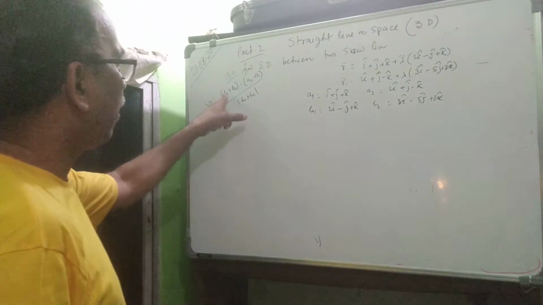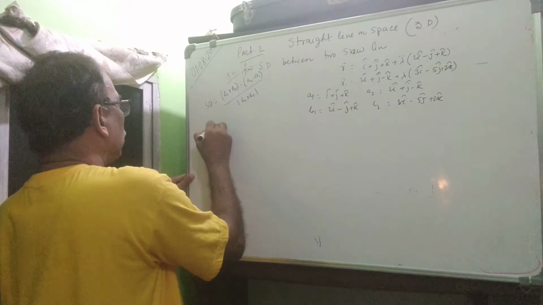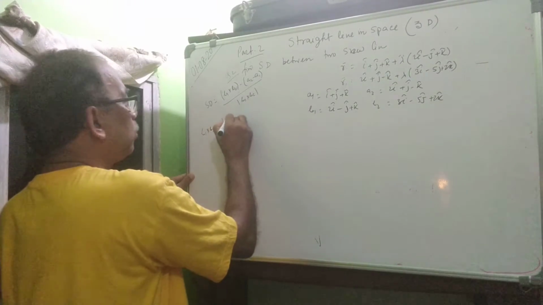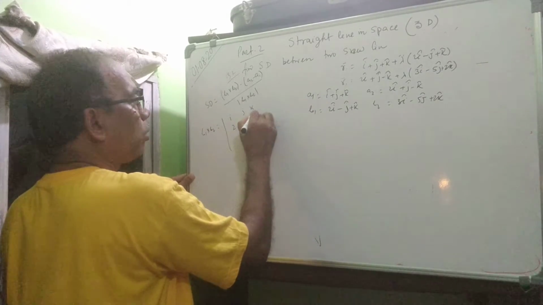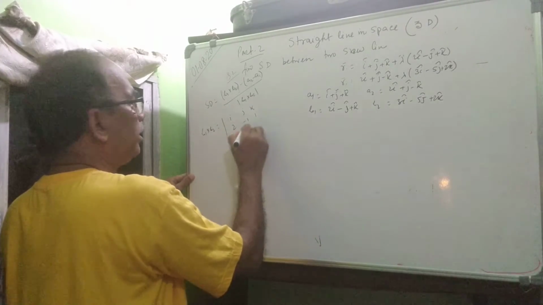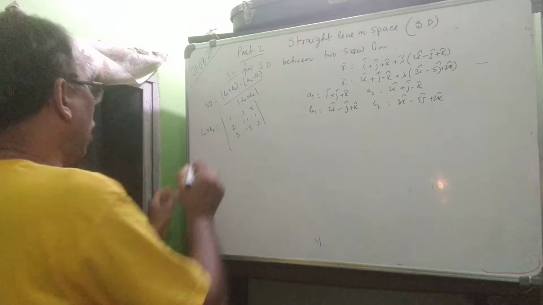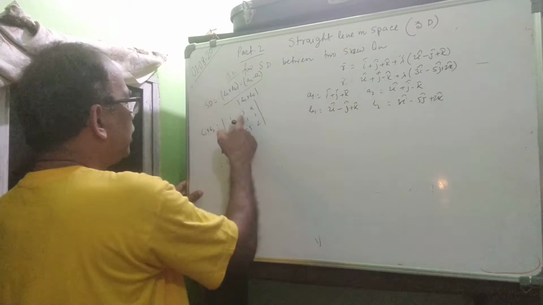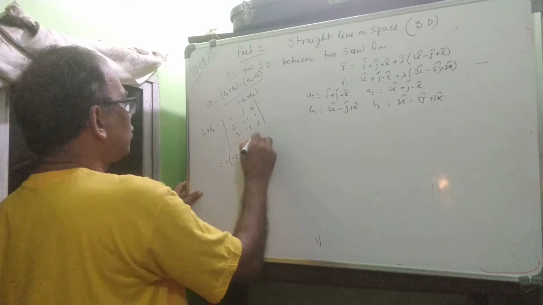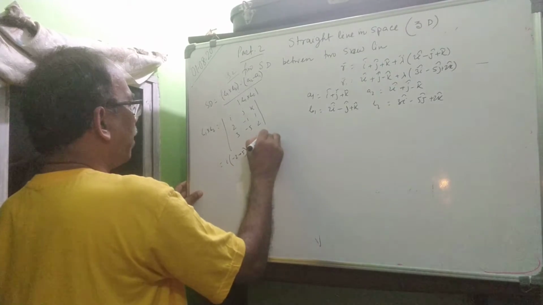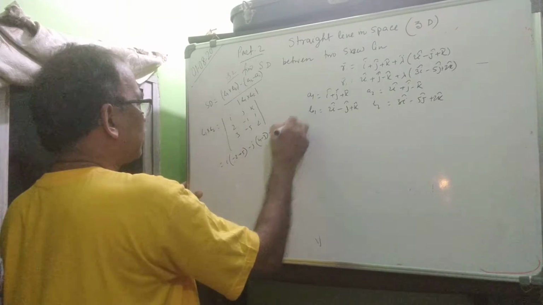Now we first have to find B1 cross B2. The determinant of i, j, k, 2, -1, 1, 3, -5, 2. Expanding: i times (-2 + 5), minus j times (4 - 3), plus k times (-10 + 3).